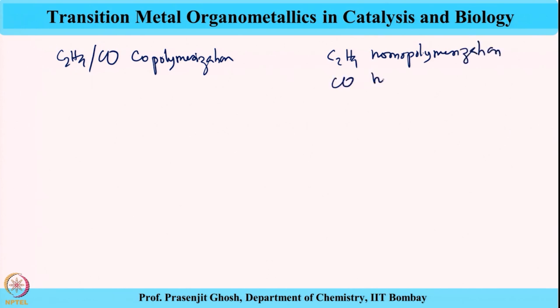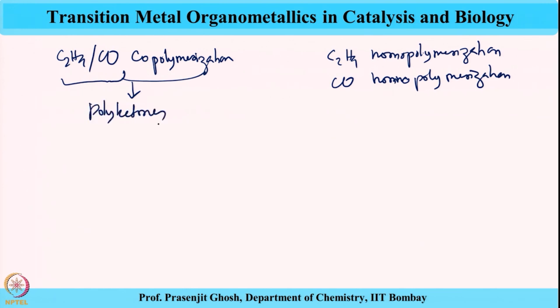However, CO homopolymerization is not possible, and this copolymerization would result in polyketones, which are important for their polymeric properties.